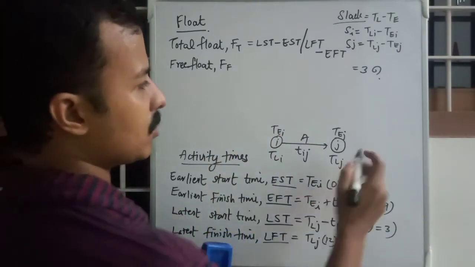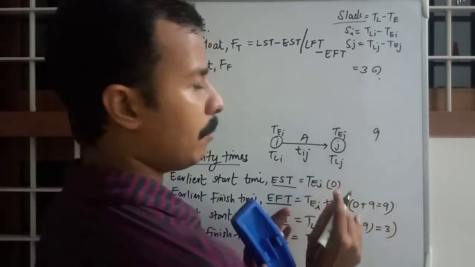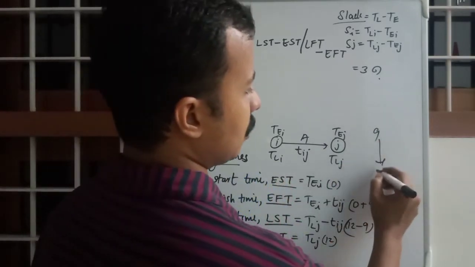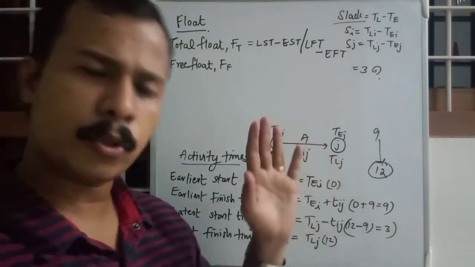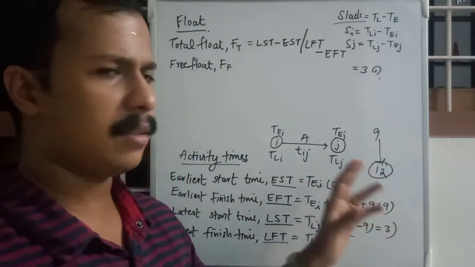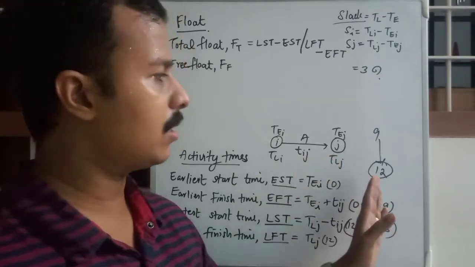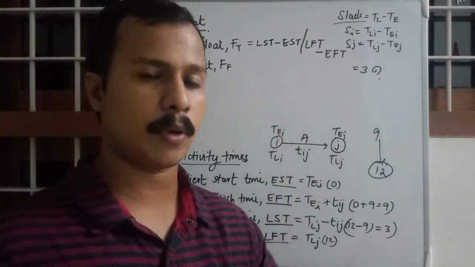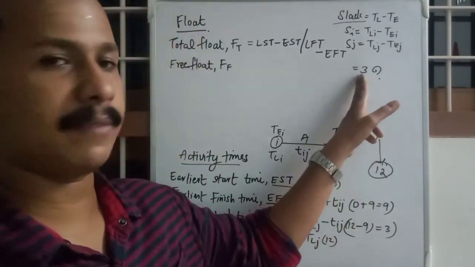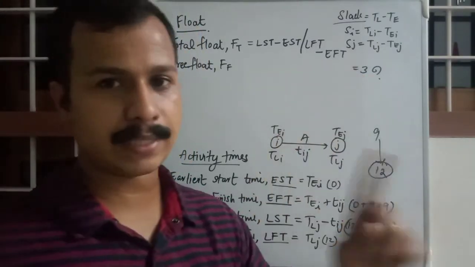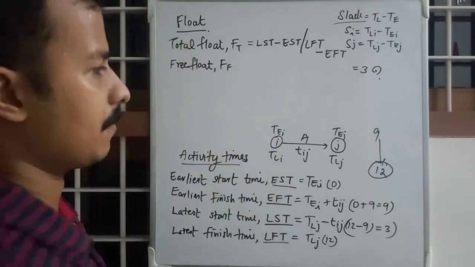Okay, if this activity is 9 days, there will be no problem if it gets to 12 days. Even if it completes in 12 days, there will not be any delay in the total project time. Okay, that is the relevance of this value. The whole project, that is the point, and that is the difference here.